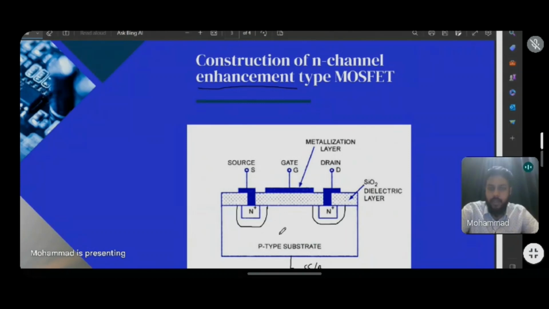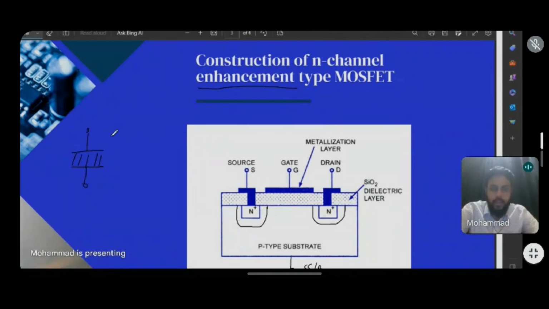We can compare this configuration somewhat to a capacitor, because a capacitor has a metal plate, and between the metal plates, the capacitor also has a dielectric layer, right?